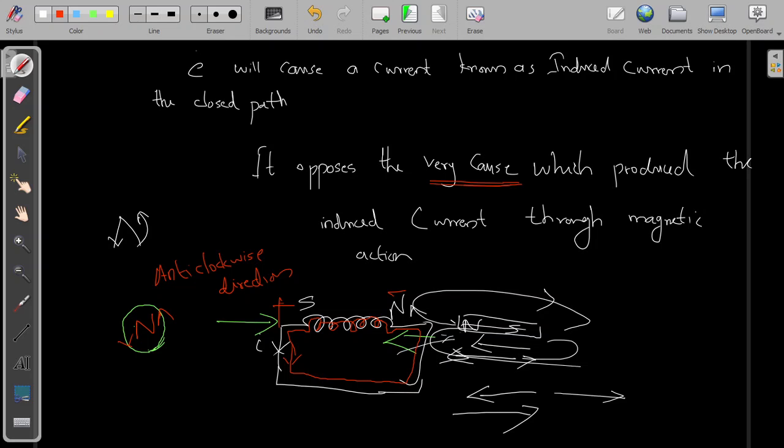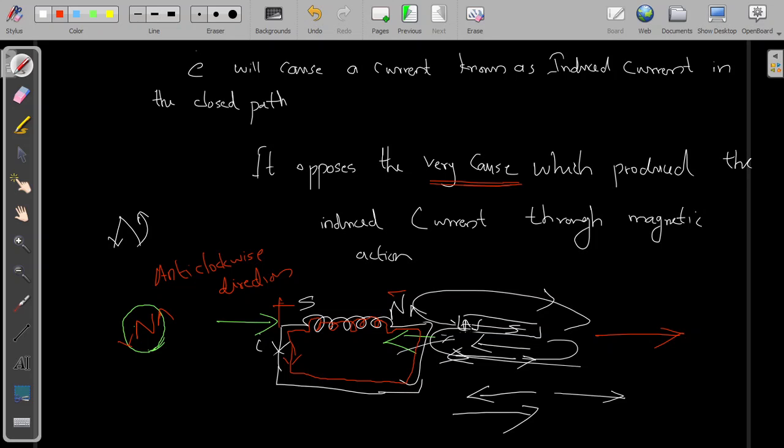Now suppose we are moving this bar magnet from left to right like this. Then the induced current should flow in such a way that it should oppose the cause. That is, the bar magnet is moving away from the coil, so it should act in such a way that it brings the magnet closer to the coil.